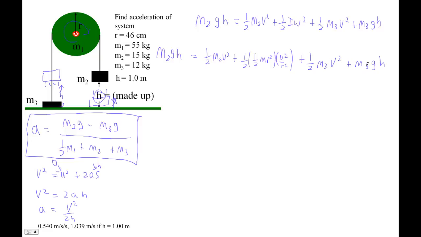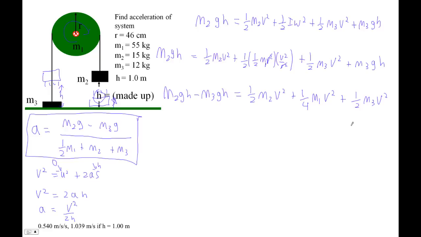I'm going to subtract this term from the other side because it doesn't have a v squared in it. So m2gh minus m3gh equals 1/2 m2v squared plus, and then 1/2 times 1/2 is 1/4. The r squareds, no surprise there, they go the way of the bison. So 1/4 m1 v squared, plus 1/2 m3v squared. We're not quite there yet, but we are almost.